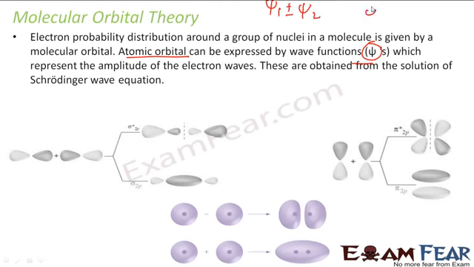Correct? So one output is when you add these two wave functions, and the other is when you subtract them. If you subtract, you get anti-bonding. When you add these, you get bonding. Hope you understand this.